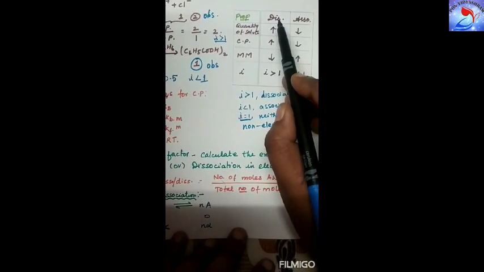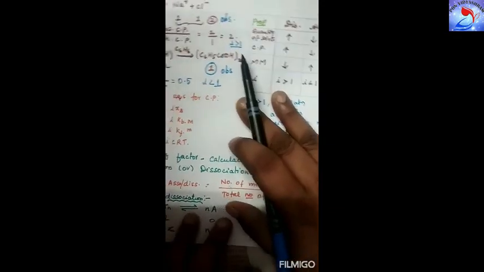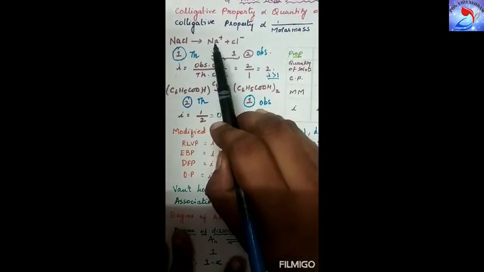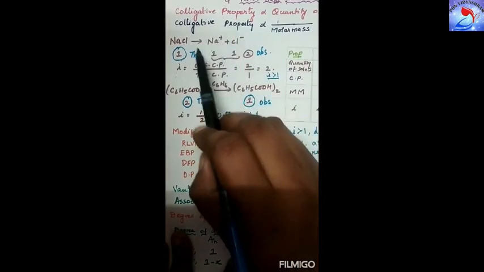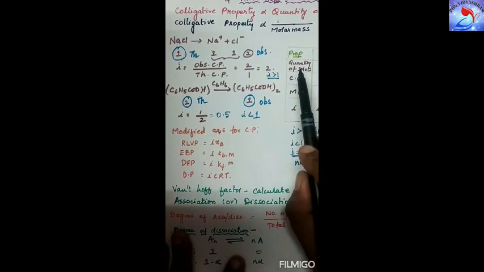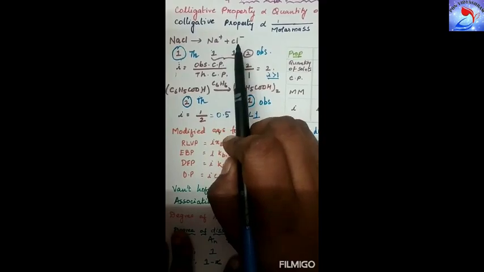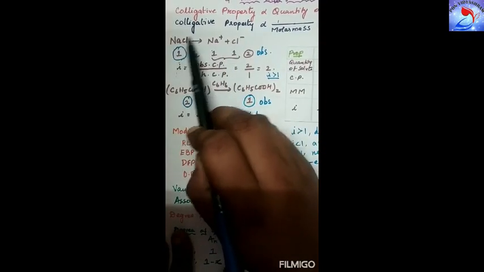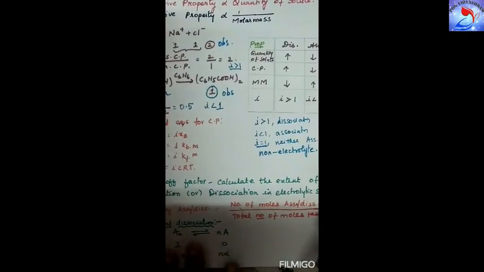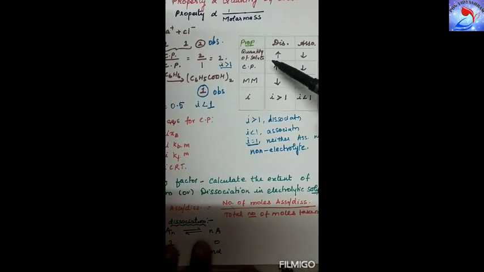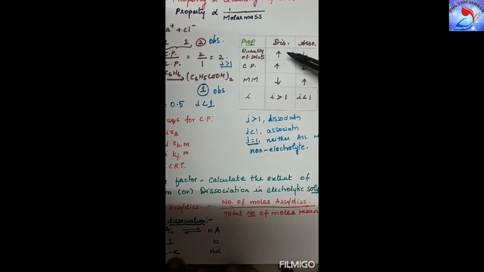Now dissociation, as I told you earlier, NaCl undergoes dissociation to give Na plus and Cl minus. So the quantity of the solute has increased from one molecule to 2 particles. So in dissociation, the quantity of the solute has increased.